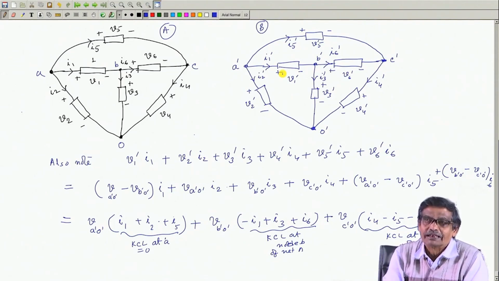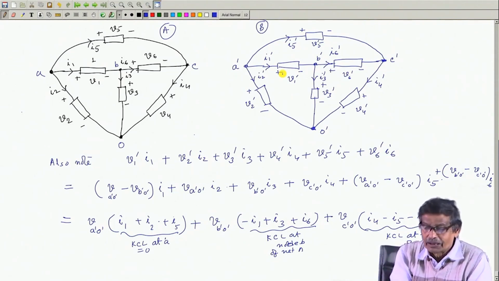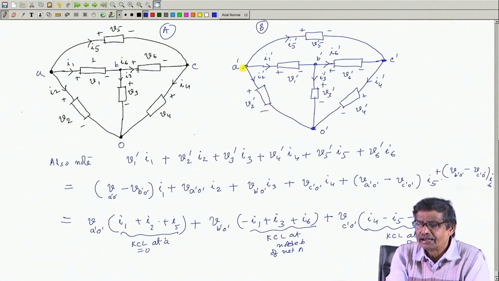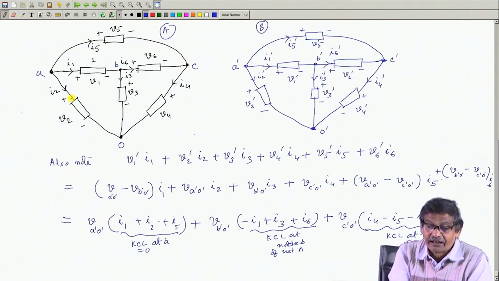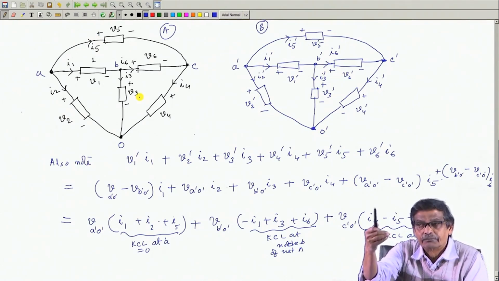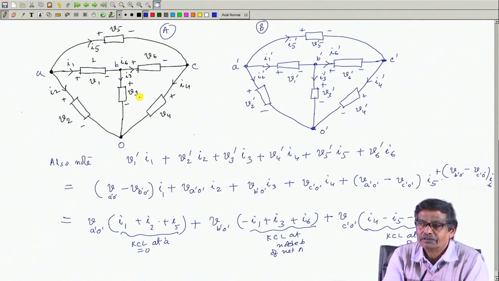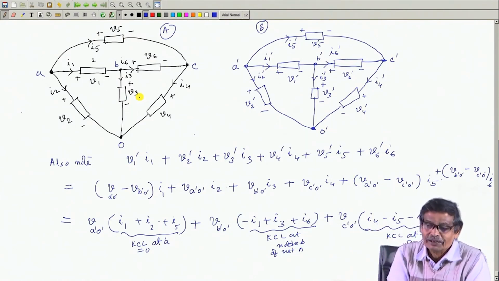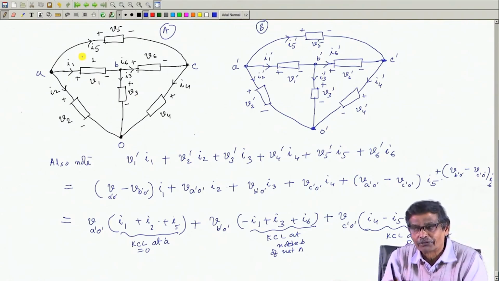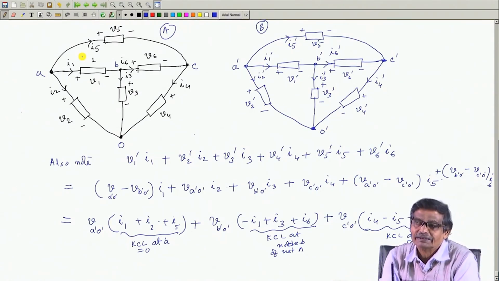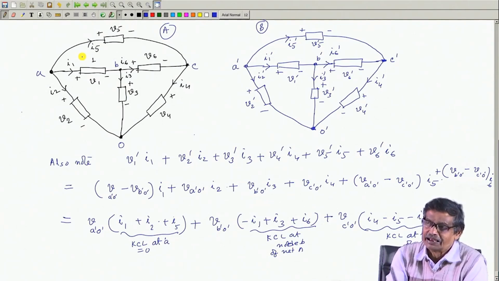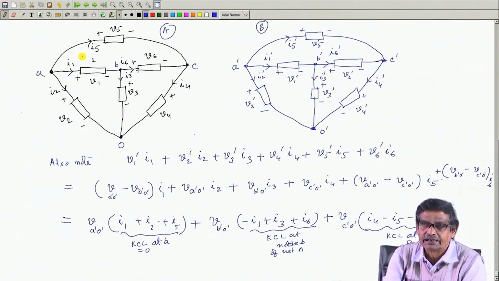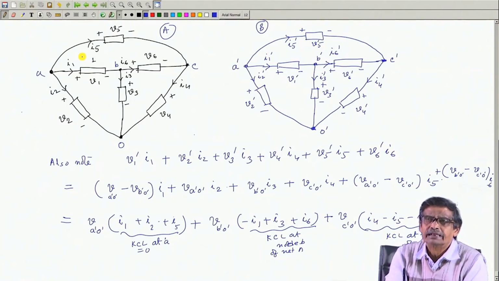It is also to be noted that you take the voltages of this network at some time, say T1, all the voltages I have taken, and the current values of this network I will take at some different time, say T2, still this will hold, simply because KCL is satisfied at all the times, no matter that it is satisfying now and then it is not satisfying, not like that.